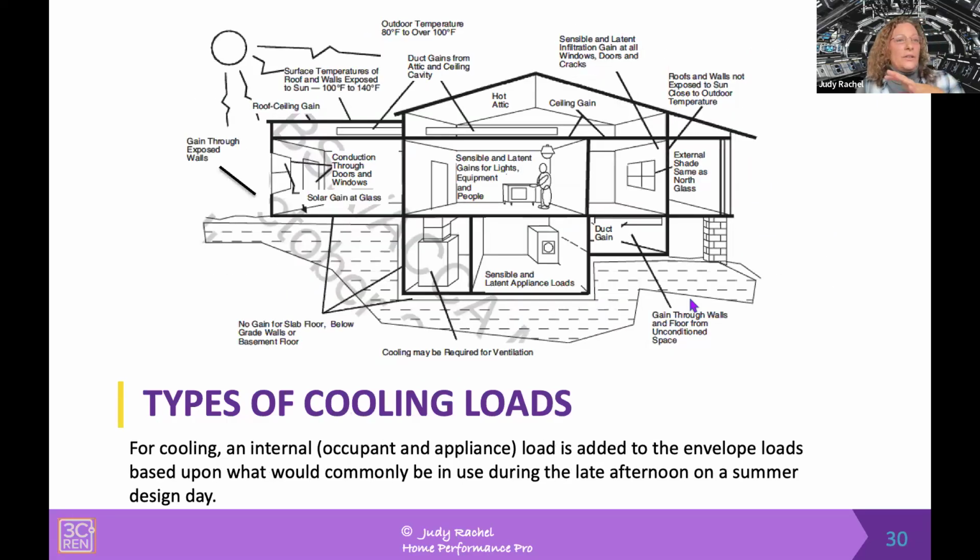Then there's the cooling loads. So the cooling loads are all of those heating loads, but then we also have the internal gains, which are the occupants and the appliances.